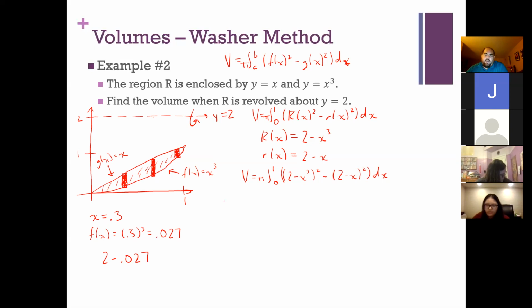Right. In that case, we'll go ahead and finish computing here. Going to do some expanding first. So 4 minus 4x cubed.